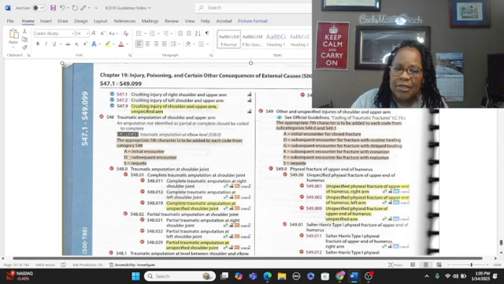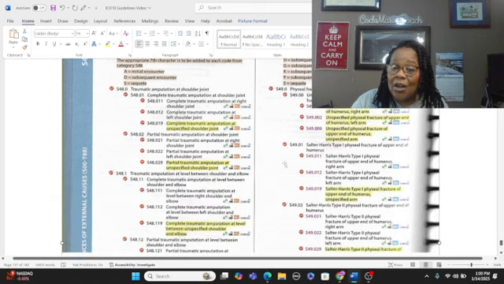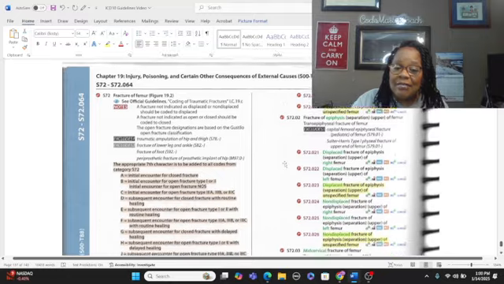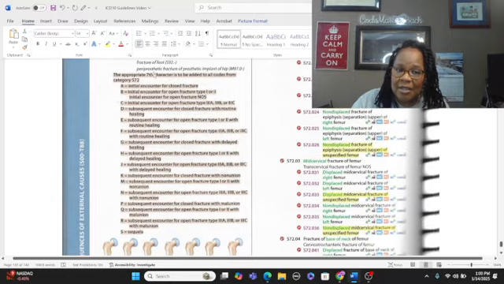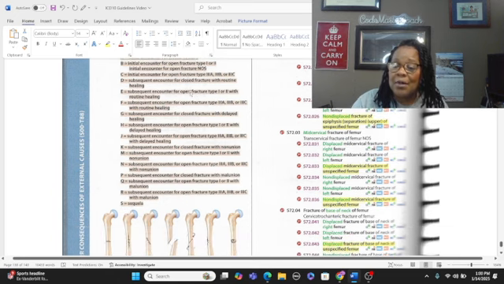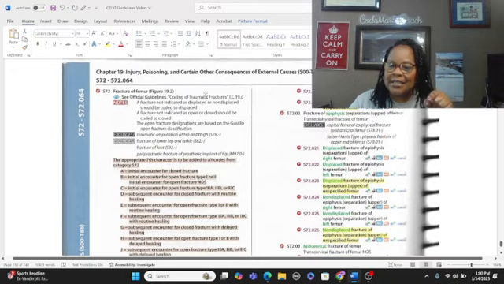Your seventh character can be A, D, or S, but we're going to see where it can be A, D, G, K, P, or S. And we're going to also see today how it can even go as far as A, B, C, D, E, F, G, H, J, K, M, N, P, Q, R, or S. So these seventh characters are really going to grow in this section of ICD-10-CM.